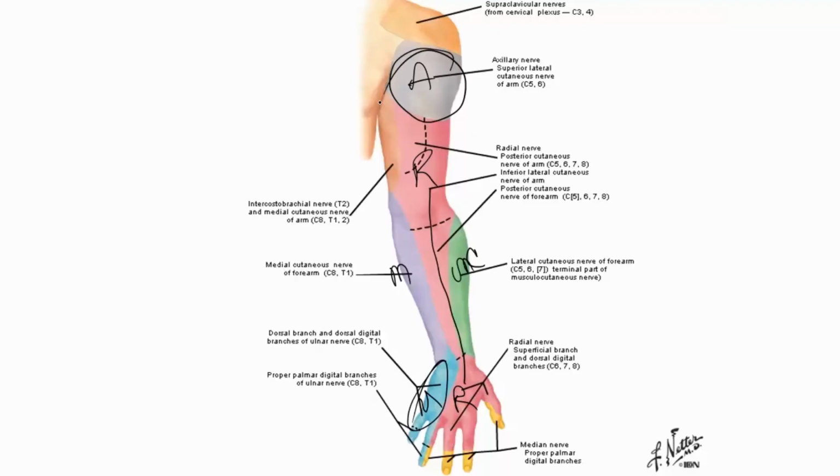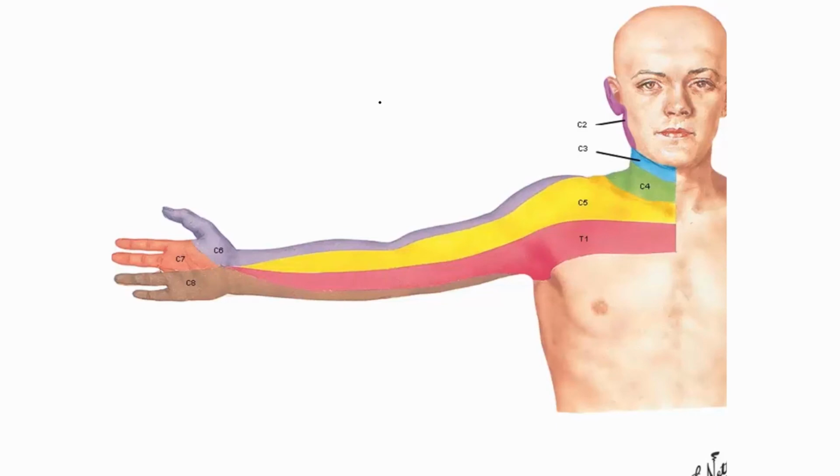So even though we have our named nerves that are carrying the spinal segments, they don't distribute them across the board to a single location. And this will become more obvious in this particular view.